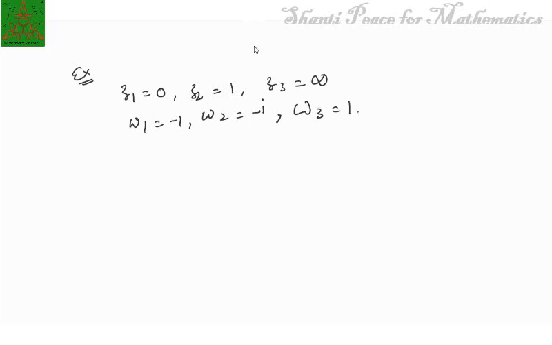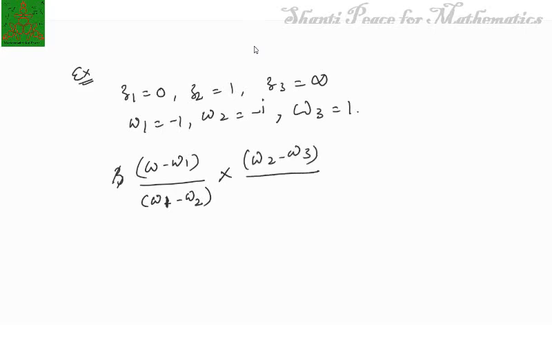So here again using the cross ratio, we have W minus W1 upon W1 minus W2 into W2 minus W3 upon W3 minus W equal to Z minus Z1 upon Z1 minus Z2 into Z2 minus Z3 upon Z3 minus Z.